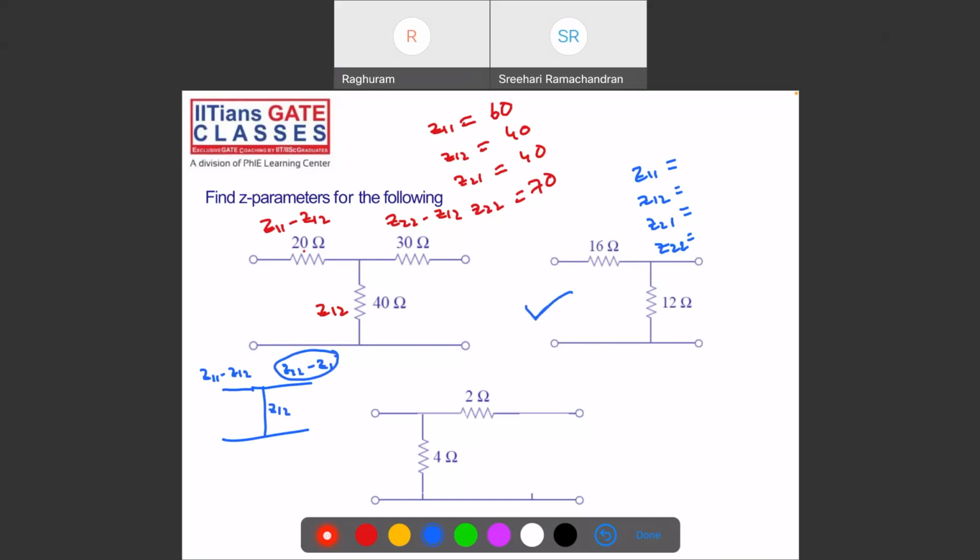Z22 minus Z12 is equal to 0 here. Is it clear? Z12 is your 12 ohms, Z21 is 12 ohms. Z11 is 16 plus 12, which is 28. Z22 is 12.